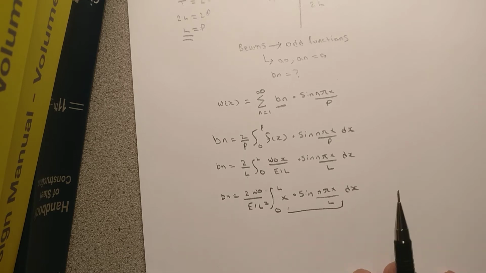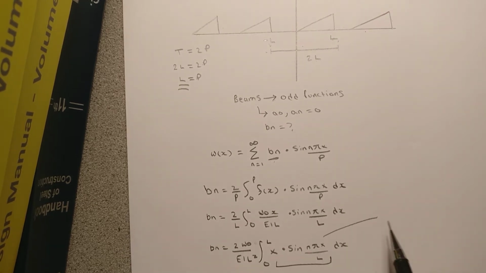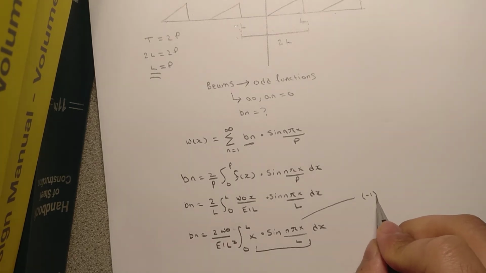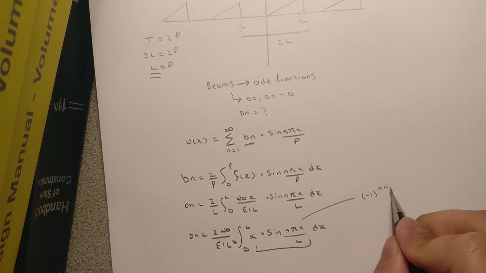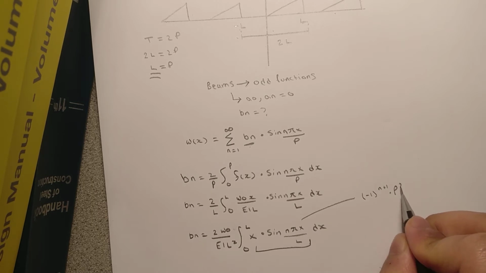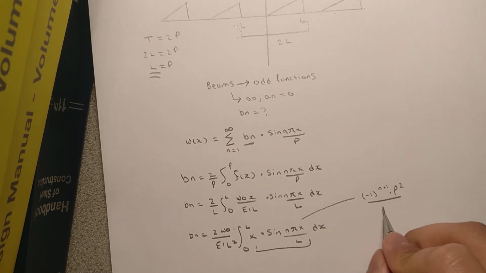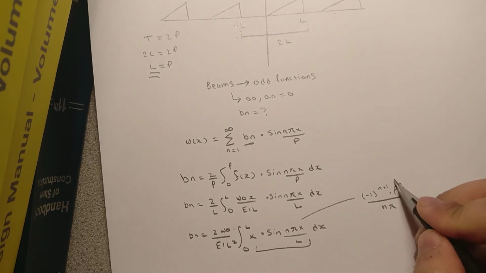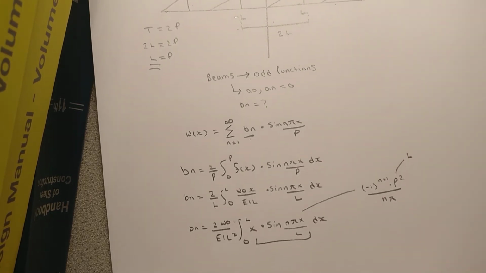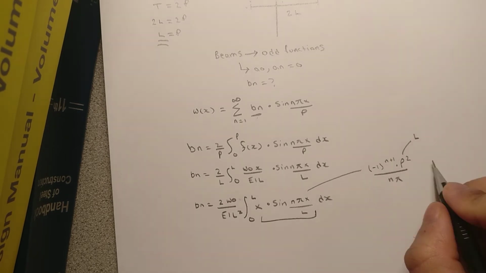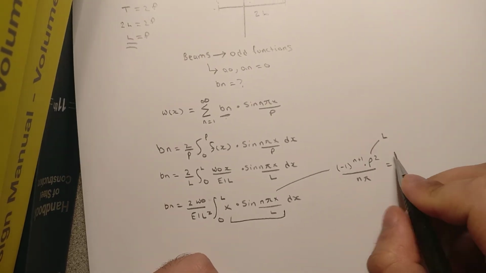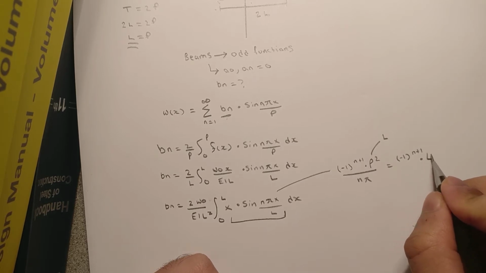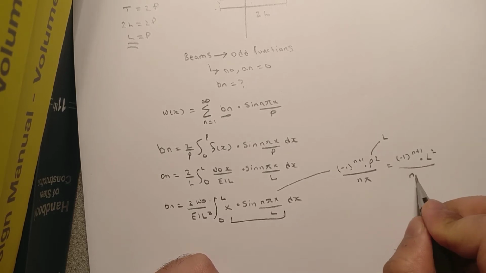The simplification for this integral is (-1)^(n+1) times P squared over n pi. But remember, our P is L, so we can rewrite this as (-1)^(n+1) times L squared over n pi.